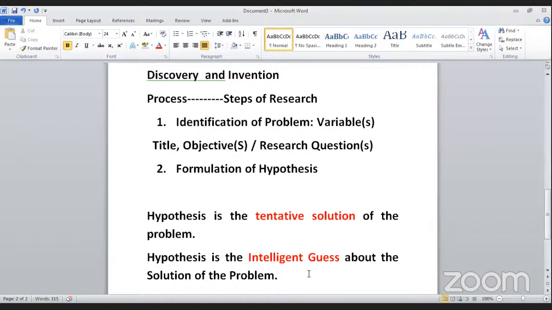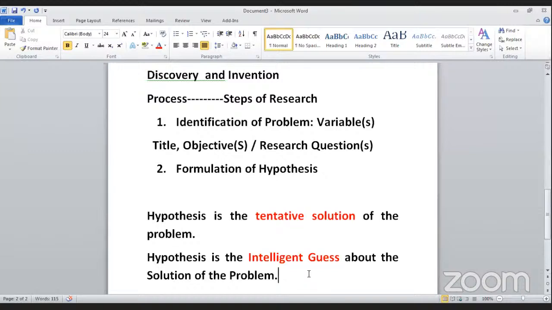And when you are doing that, this is what is called an intelligent guess, because it is based on the last 5 years question papers. If the last 5 or 6 years question papers are not available, then it is not possible for you to have an intelligent guess.